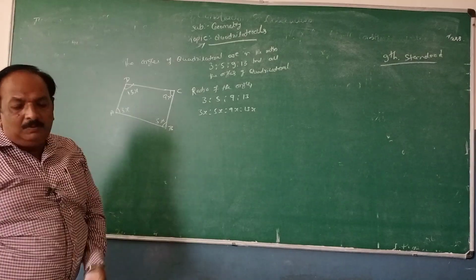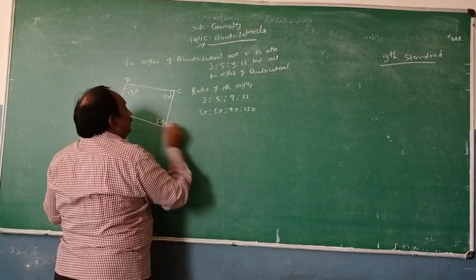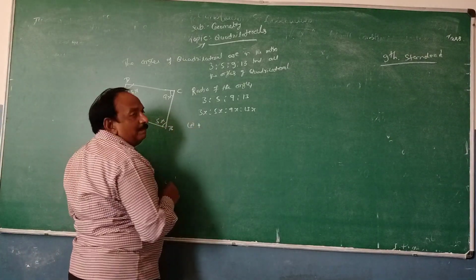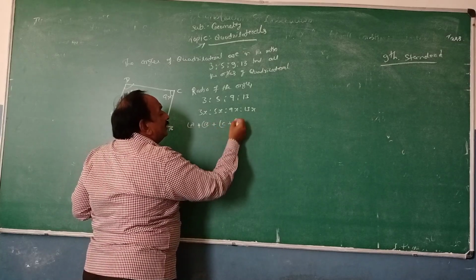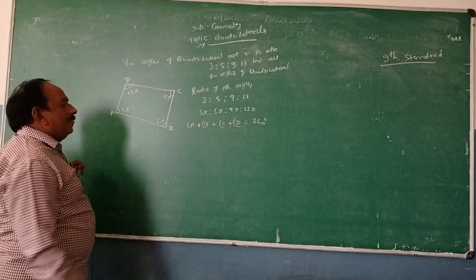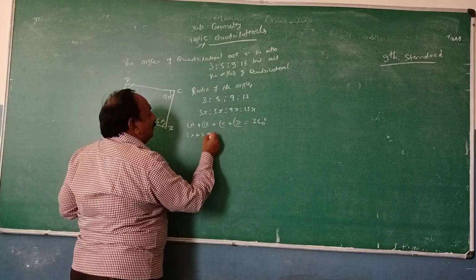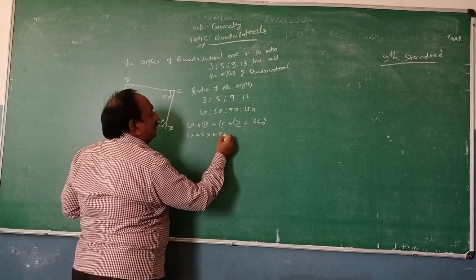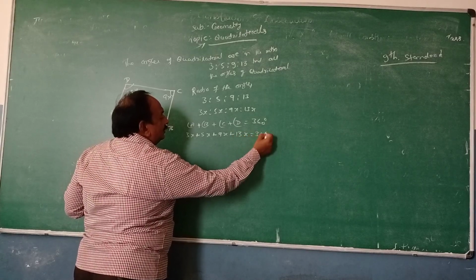We have already proved, what I proved three minutes ago, the angle sum property of the quadrilateral: angle A plus angle B plus angle C plus angle D is equal to 360 degrees. What is angle A? 3x. Angle B 5x. Angle C 9x. Angle D 13x is equal to 360 degrees.